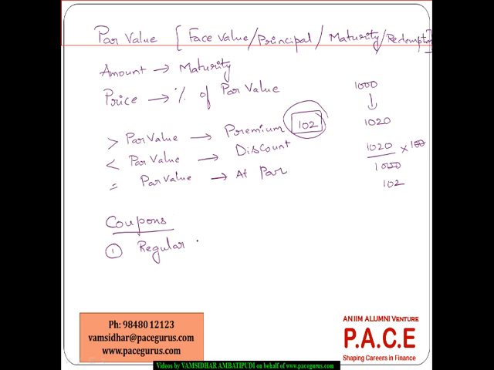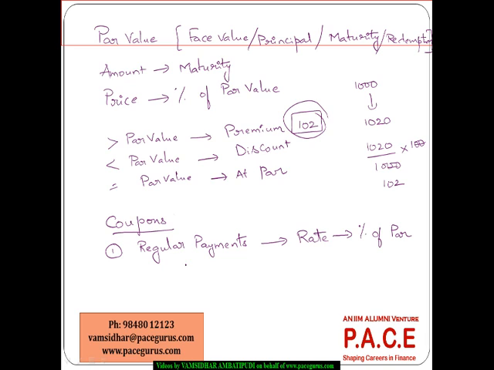Whatever amount is paid as a series of regular payments to the investors, that is what we call a coupon. And there is a coupon rate associated. Even that rate is established as a percentage of the par value itself, right?